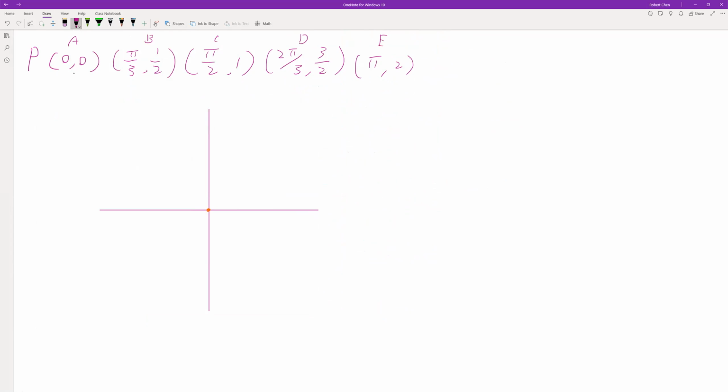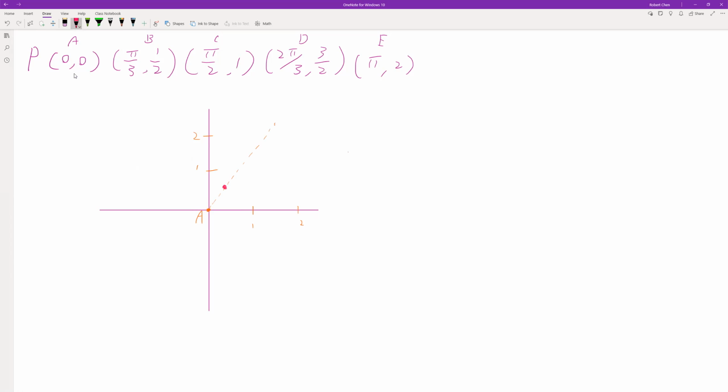First, 0, 0. So 0 degrees and 0 radius. If the radius is 0, it's always here at the pole. This orange point is your point A. Next we have pi over 3 and 1 half. Pi over 3 is about here, and with a radius of 1 half, that's probably around here.